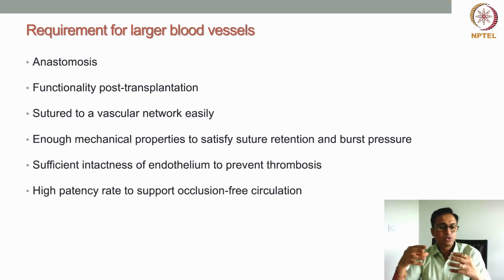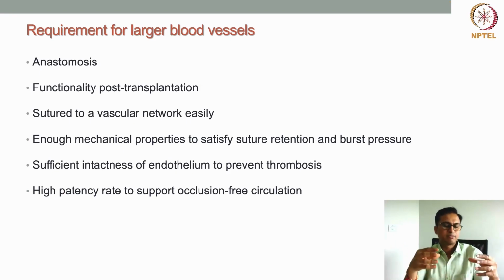So the synthetic one should support that endothelial cell migration and creation of an endothelial lining within it, so that if the endothelial lining is fully created, it will prevent thrombosis, and there will be no blood clot within that synthetic blood vessel. So intactness of the endothelium within the synthetic blood vessels is important, and it should support that.